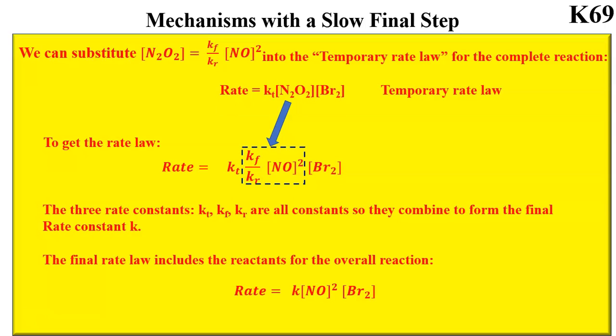So the final rate law includes the reactants for the overall reaction, but it does not include intermediates. So rate equals k[NO]^2[Br2]. That was a toughie, but I guarantee you, if you practice three of them, they become pretty easy.